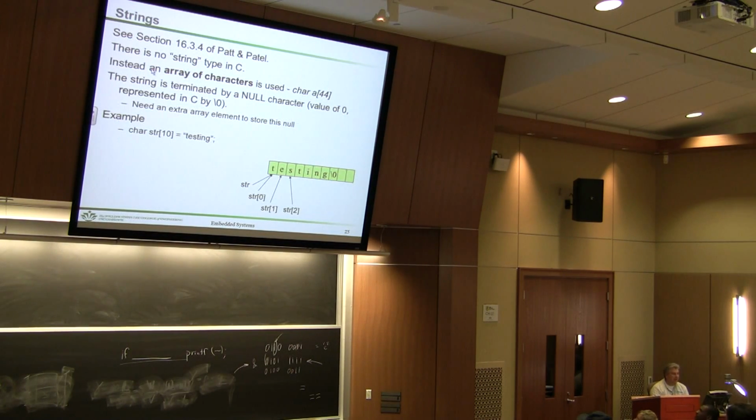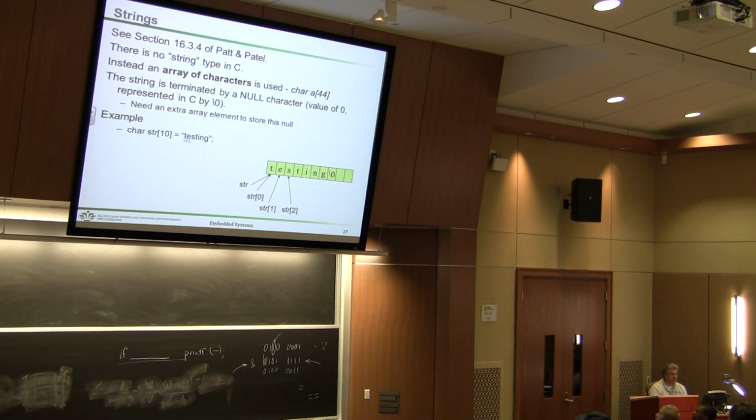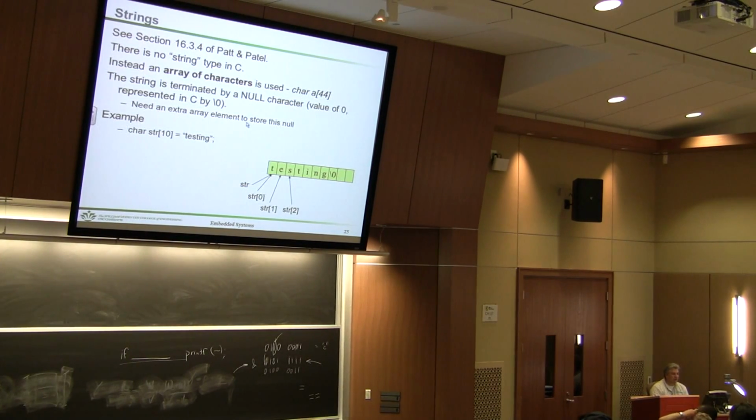So if we happen to have an array of 44 characters, whatever you assign to it, in this case "testing", the compiler will automatically put the null character at the end of that. Why is that a good thing?